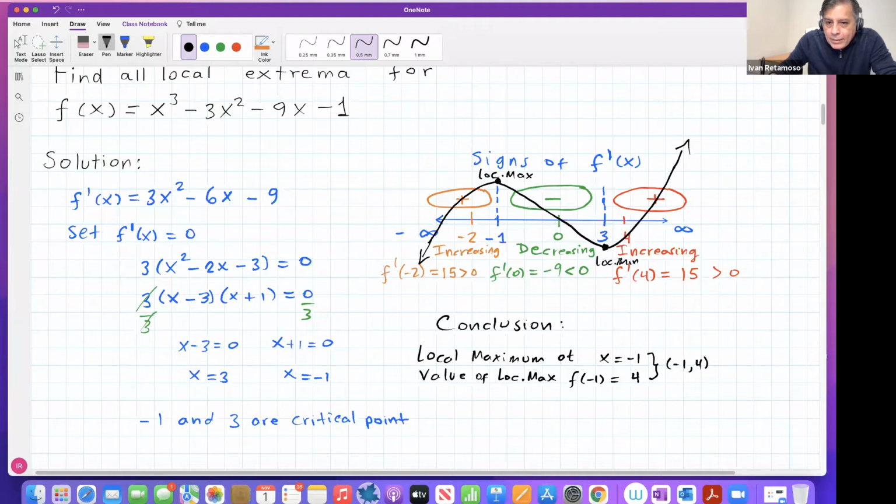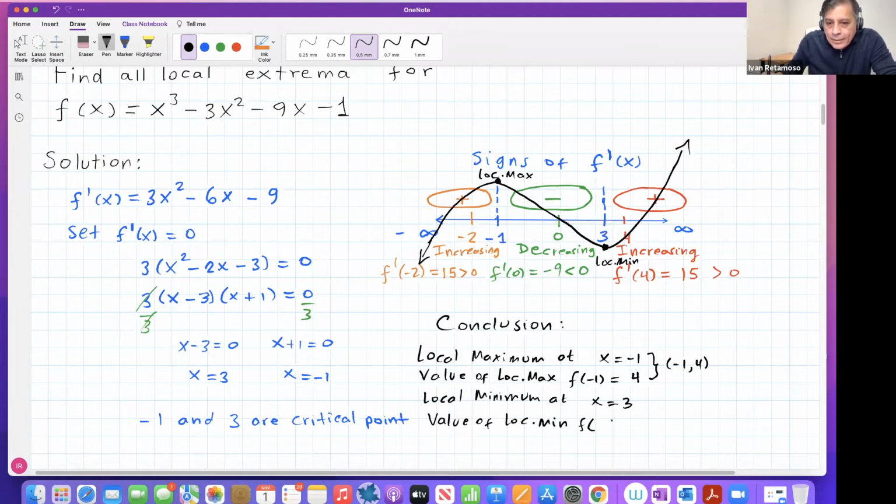Now it's a local minimum and happens at x equal 3, right? So we can write local minimum at x equal 3. But not only that, I can actually find the value of this local minimum.